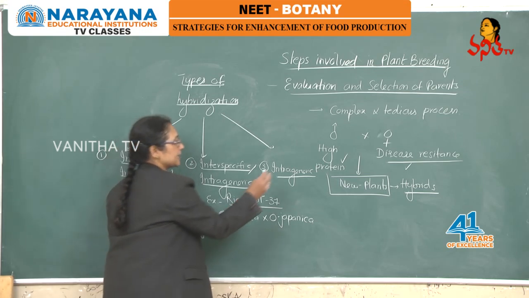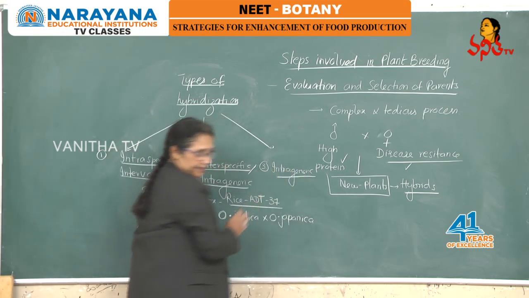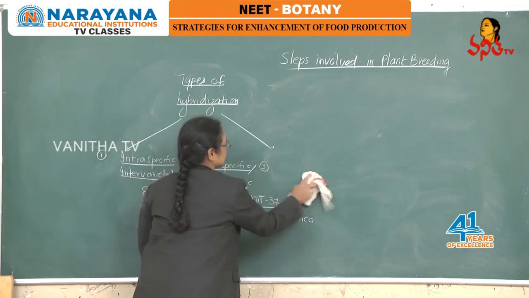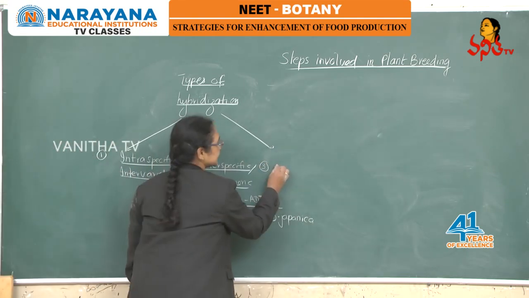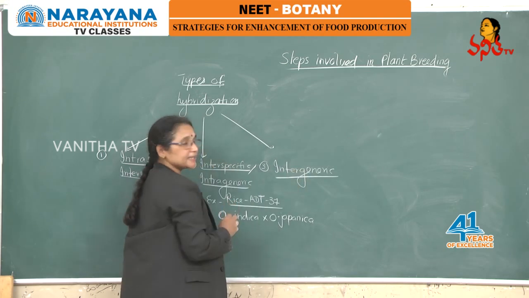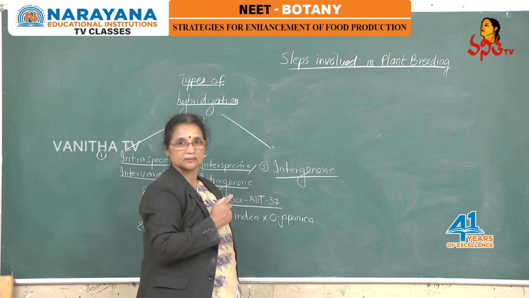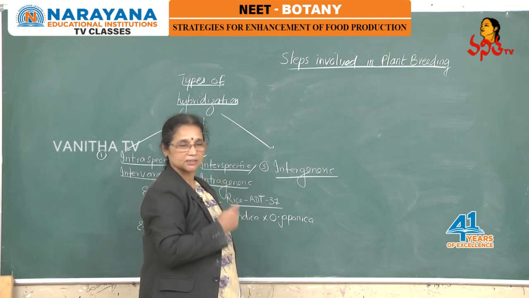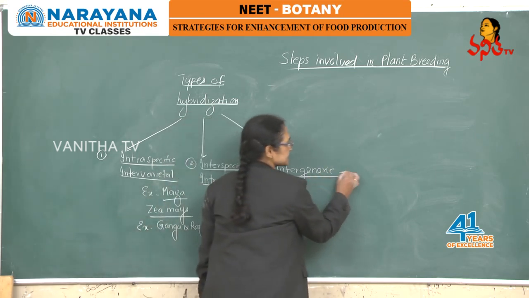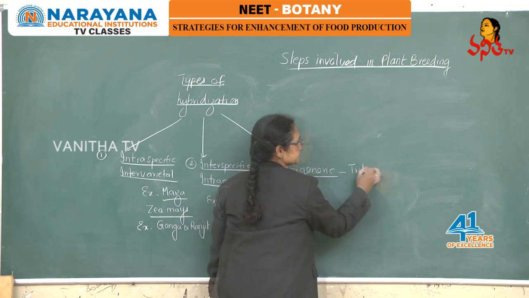Similarly, let us see intergeneric. The third one is intergeneric. In intergeneric, two different plants of two different genera are crossed. The best example for this is triticale.